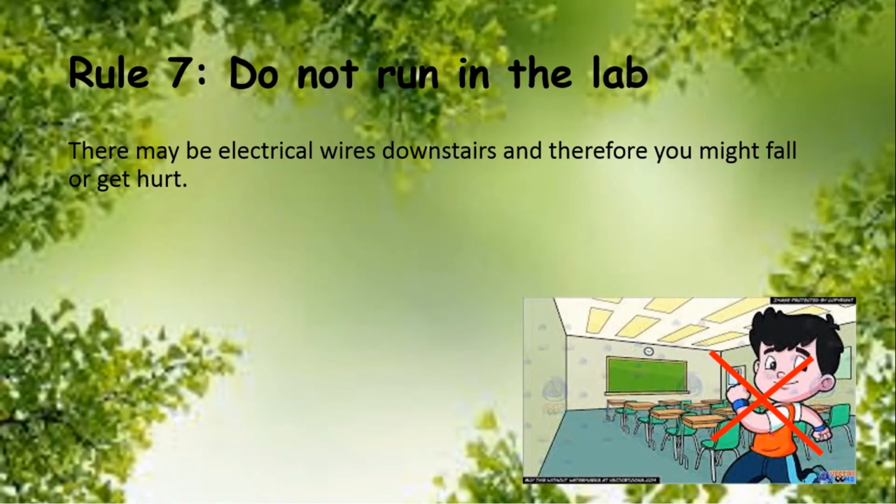Rule number 7. Do not run in the lab. Even though you have finished the exercise provided by your teacher, it doesn't mean that you must run around the lab. There may be electrical wires downstairs where the computers have been installed. Therefore, you might fall, you might also get hurt.